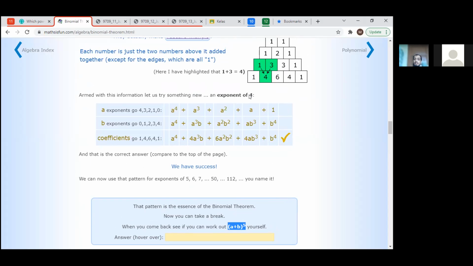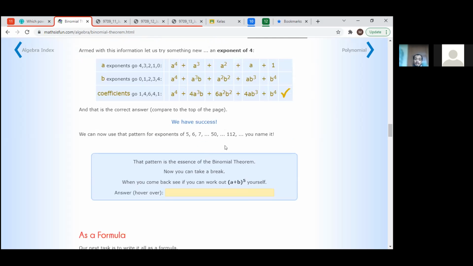You write down the next row by yourself, and then you make the powers, and then you can check here for power of 5, and for the next power you can find it somewhere, just to check whether you have understood this topic of expanding binomial powers.